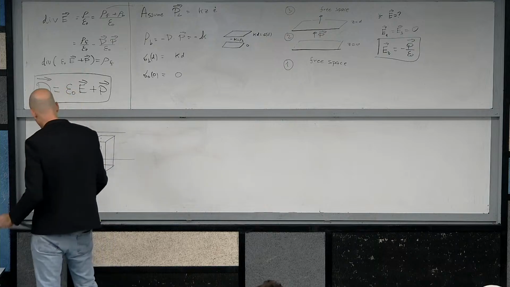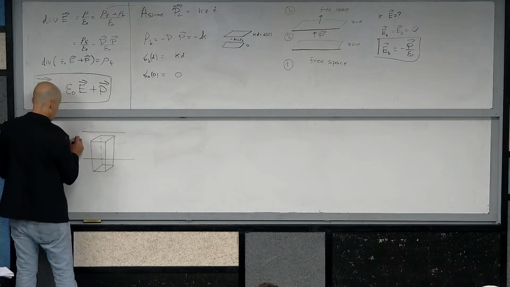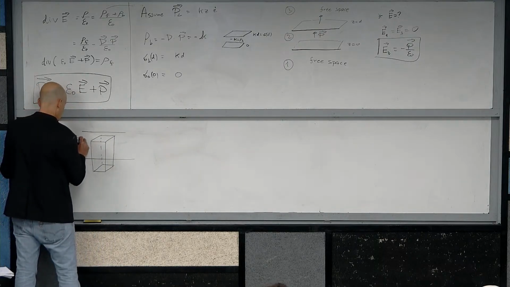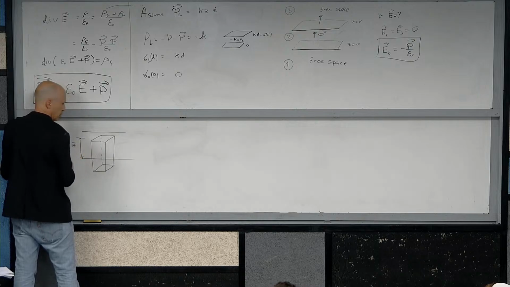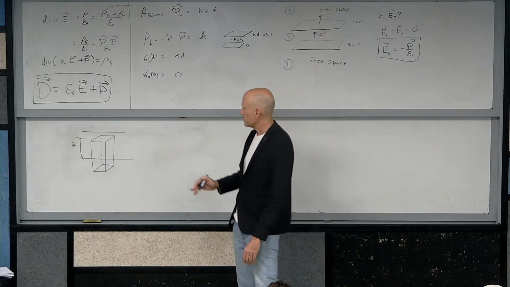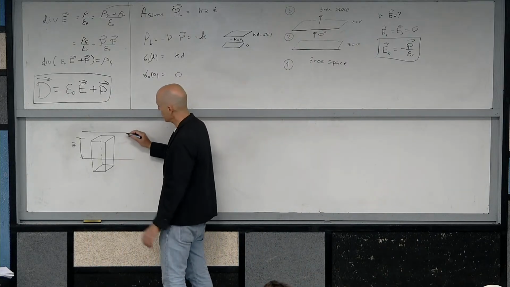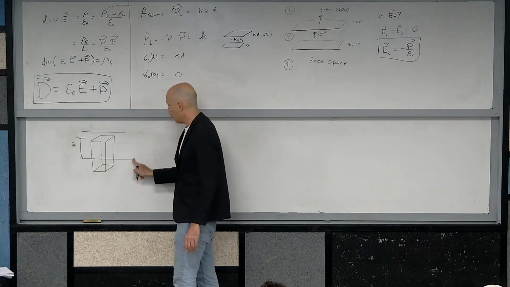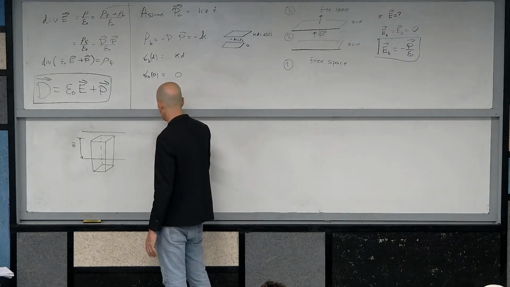So let us see that for this box it works. For that I need to define a new length. Is this length important? The answer is not really, but I needed to prove the theory. This is the length z. So z is something between 0 and d. D is the width here. So first of all, what does Gauss tell us?